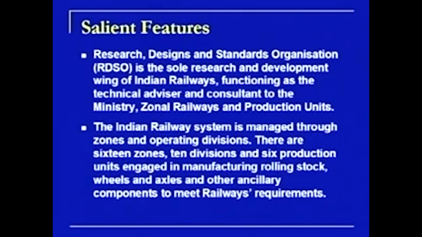The Indian Railway system is managed through different zones and different operating divisions. We have 16 zones, 10 divisions and 6 production units engaged in the manufacturing of rolling stock, wheels, axles and other ancillary components to meet the requirements of Indian Railways.